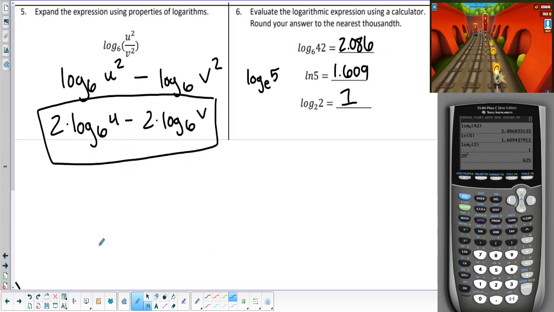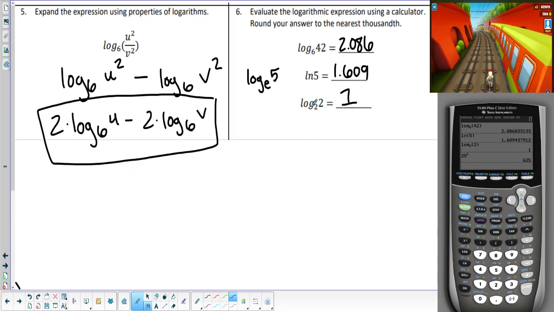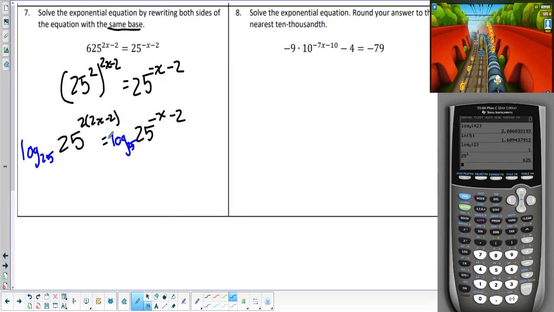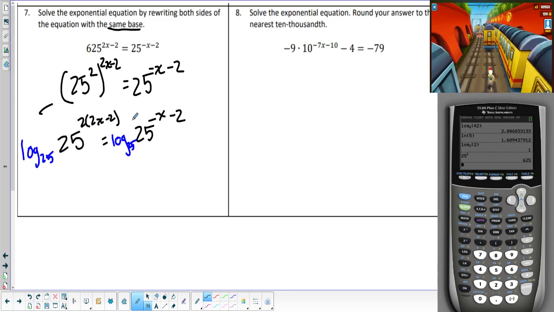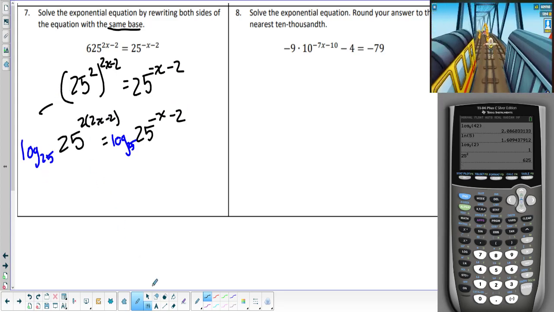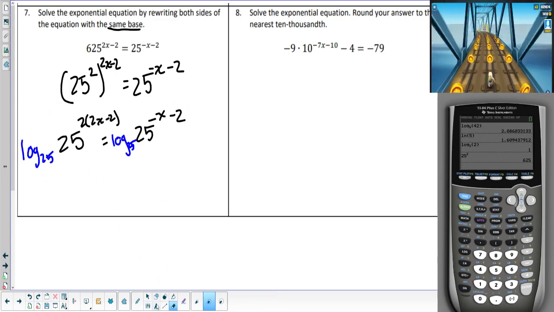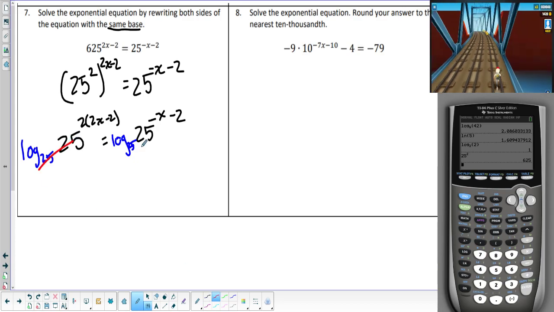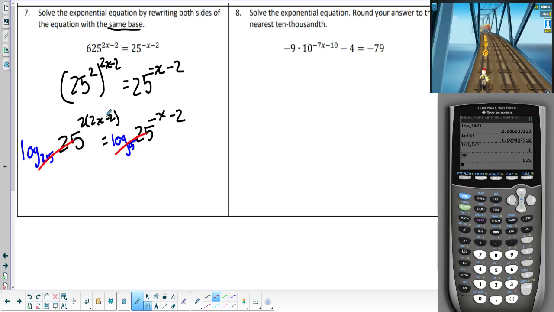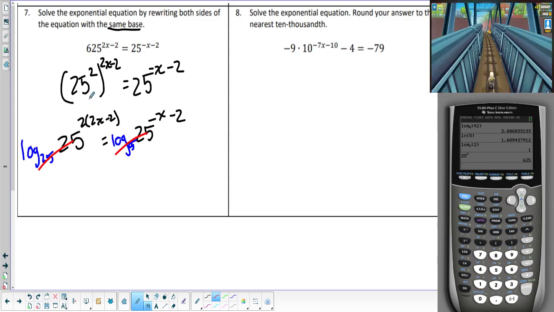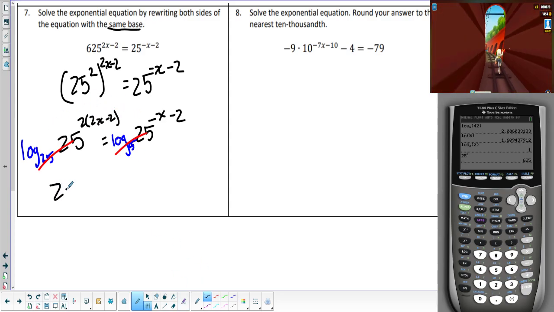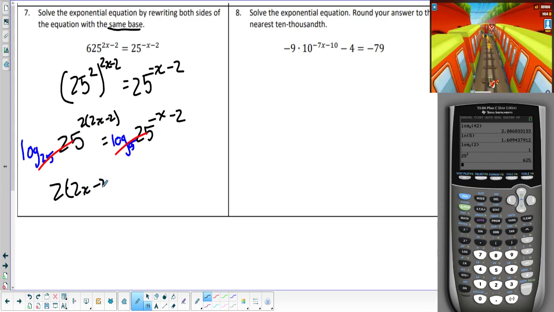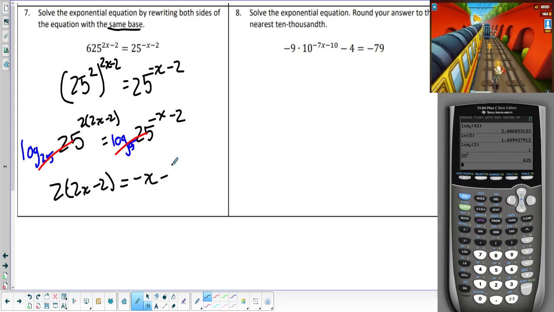And as we saw from the last page, when you take the log where the base is equal to the argument, well, those cancel out. And because these things are in my exponents, I can actually bring them in front of the log. And so essentially all I'm left with is these are gone, these are gone. Because of the power rule, the exponent inside the argument rule, these just become what's left over. So 2 times 2x minus 2 equals negative x minus 2.